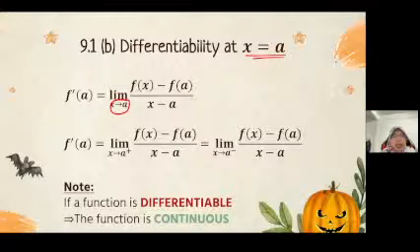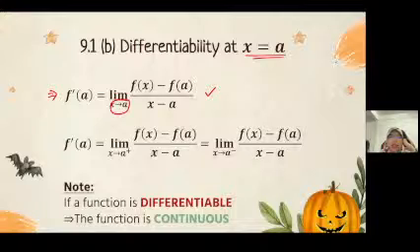Okay, so of course, in order for this to be true, you must make sure that the limit as x approaches a from the right hand side, and the limit as x approaches a from the left hand side, must be equal to the same value. So both of them must be equal first before we can say that it is differentiable.